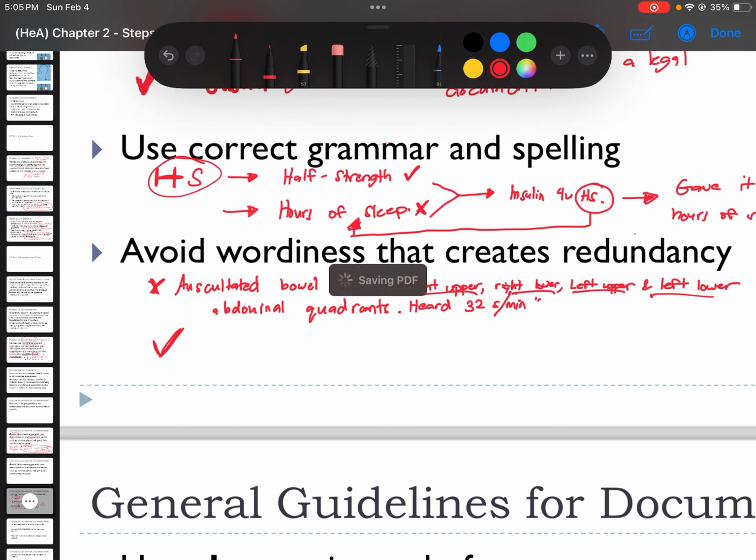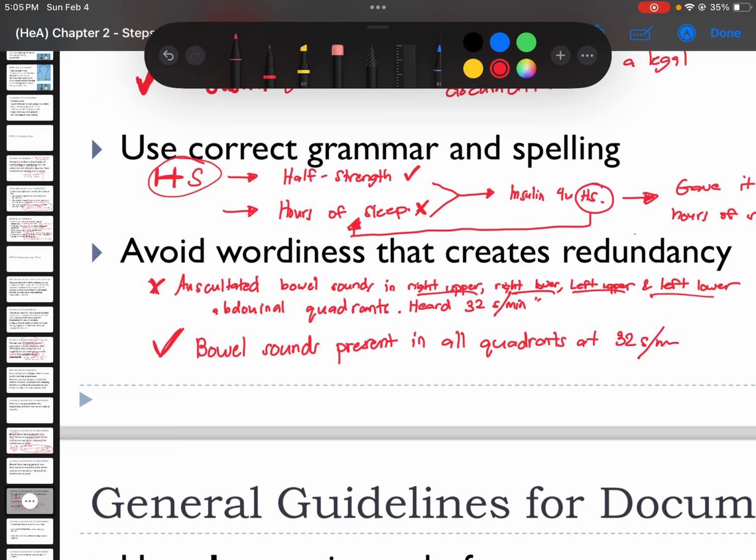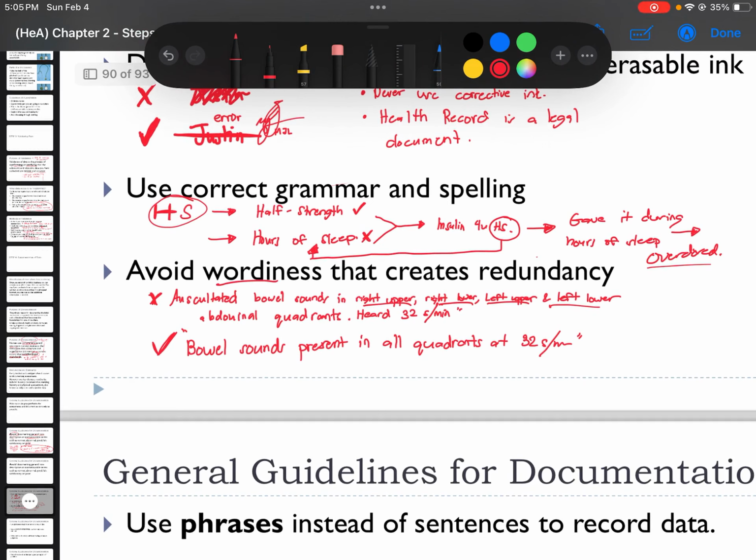Instead, what you could say is, vowel sounds present in all quadrants, at 32 sounds per minute. That way, class, you are not being redundant. You are getting directly to your point. Avoid wordiness, class, that creates redundancy.